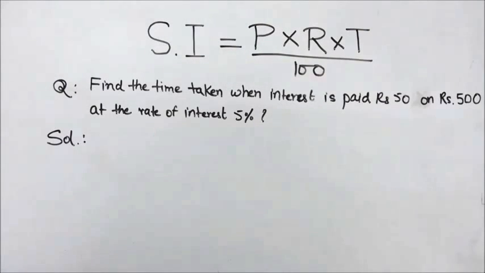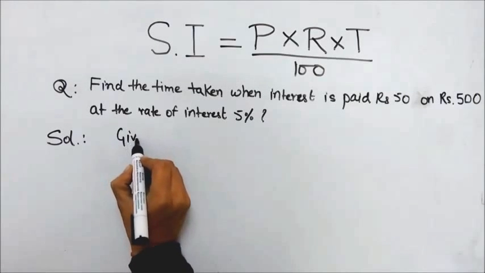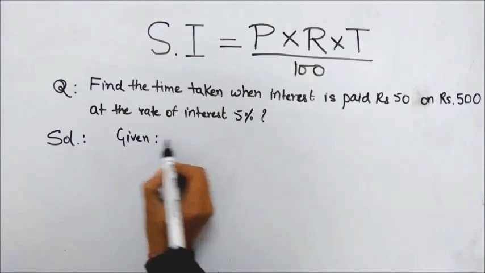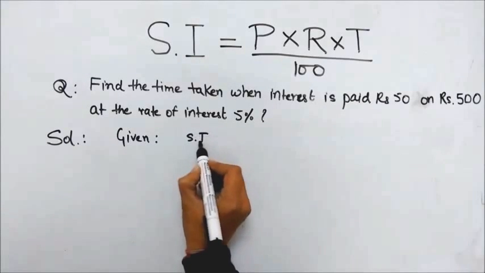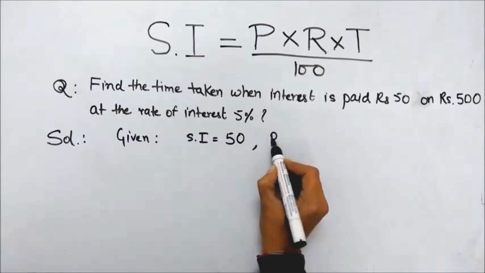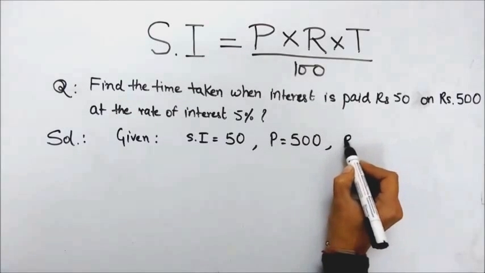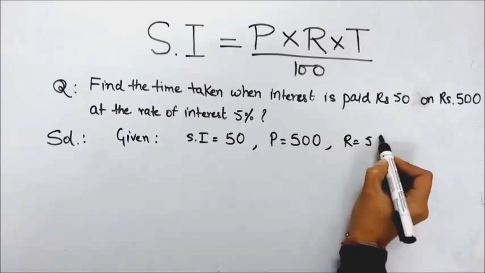Now have a look at the second question. Find the time taken when interest paid is rupees 50 on 500 rupees at the rate of interest 5%. Now what we have given is simple interest 50, principal 500, rate 5%.